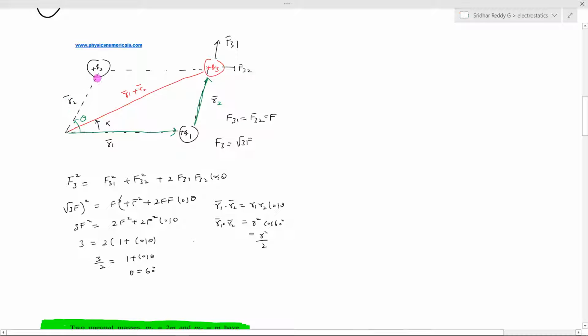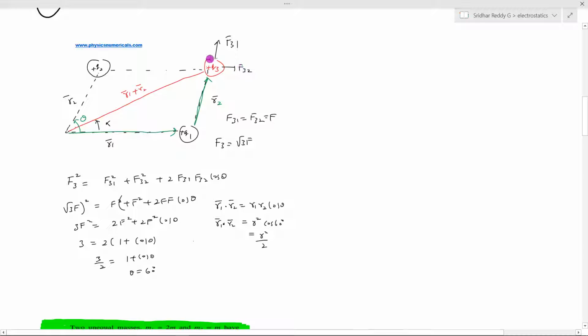Then the other point charge Q3 will be kept at a position vector of R1 bar plus R2 bar. Now, what is the force of interaction between 1 and 3? F31 should act along the side of the parallelogram. The force of interaction between Q2 and Q3, F32, should act along the line joining them.